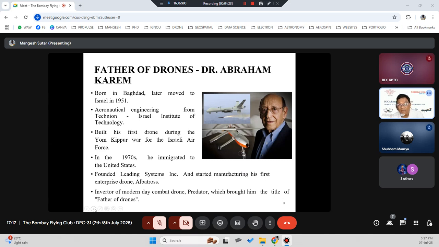Okay, so almost the first 100 years from the first flight of the Wright brothers till the year 2000, these remote pilot aircraft were predominantly used only by defense, only by armed forces. There was no civilian usage of drones. The civilian part of the drone started from 2000 onwards.